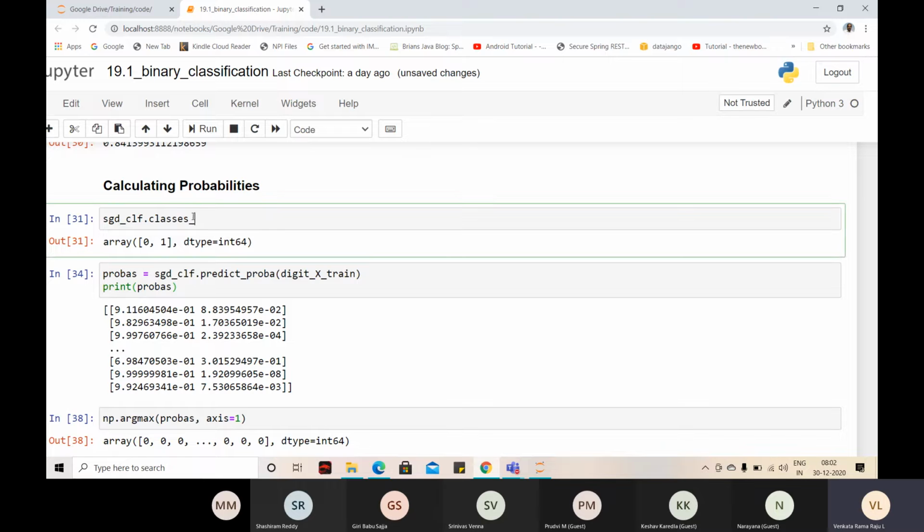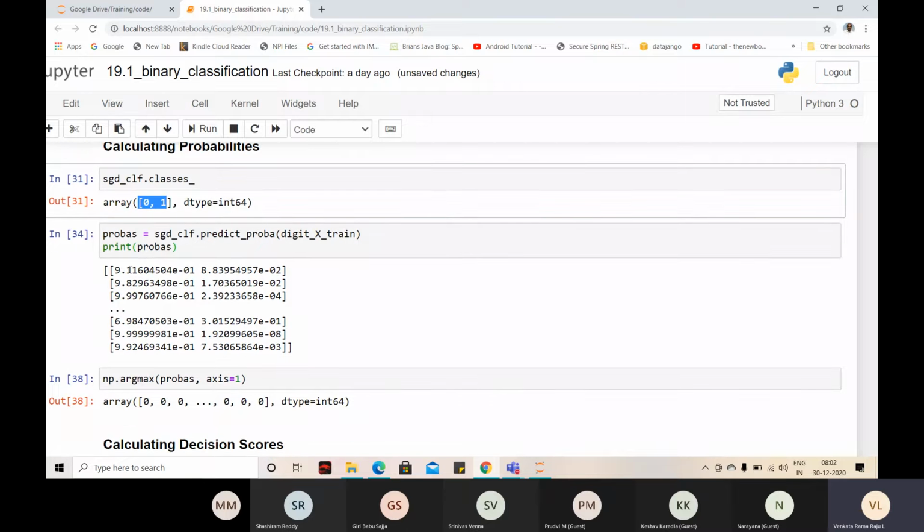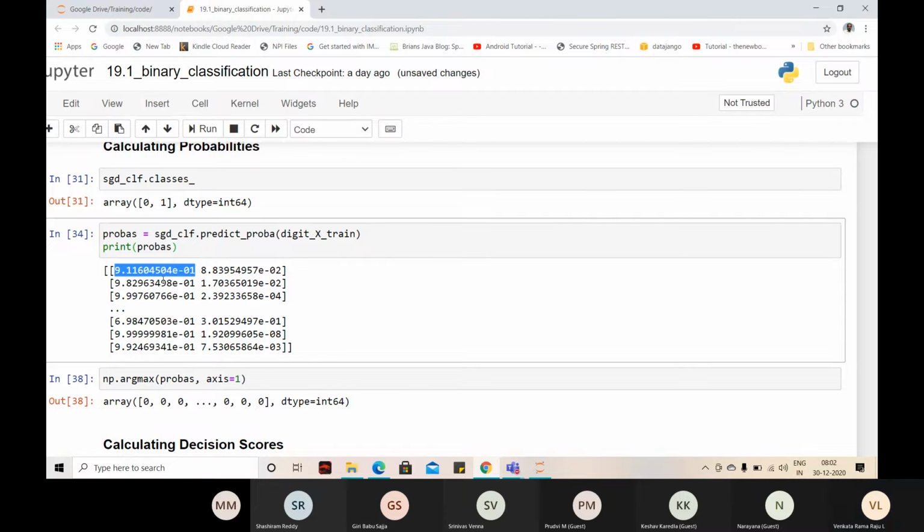classes_ will give you the order in which the classes are considered. So this record belongs to 0, this record also belongs to 0, this record also belongs to 0. Not 5 records. So, do we have any 5 records?